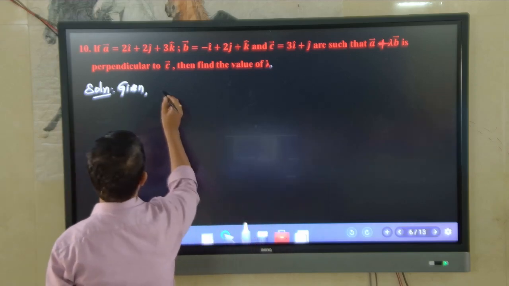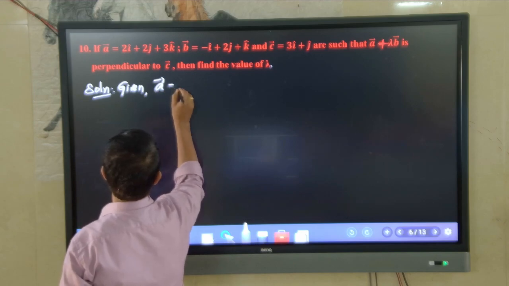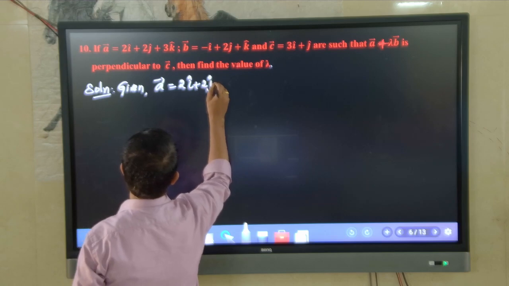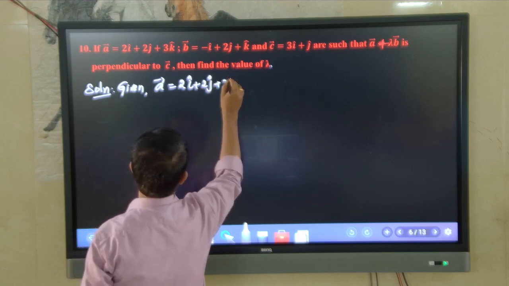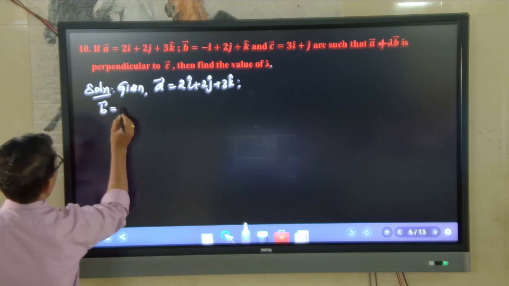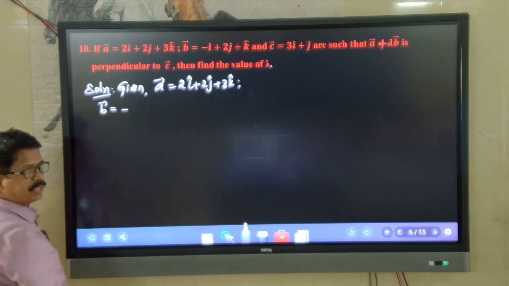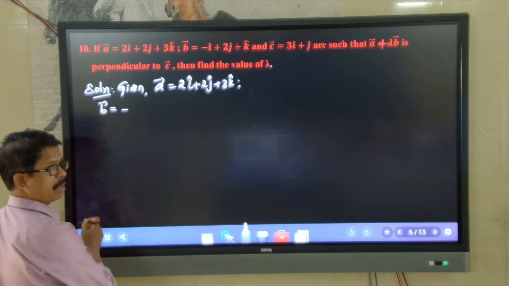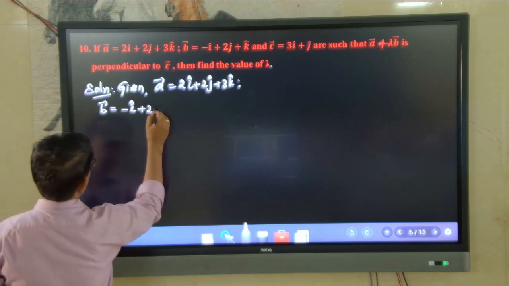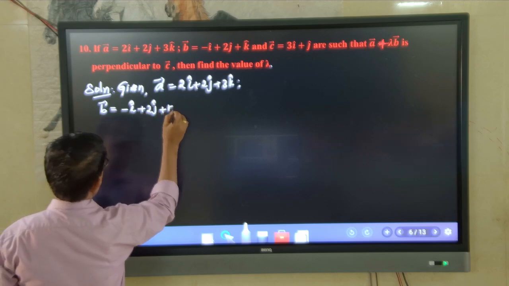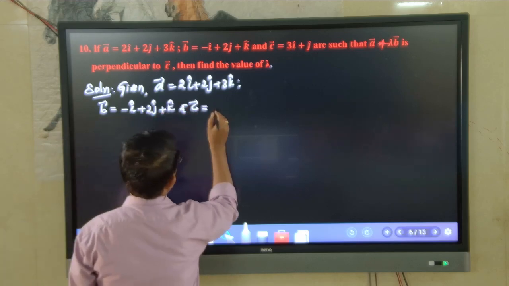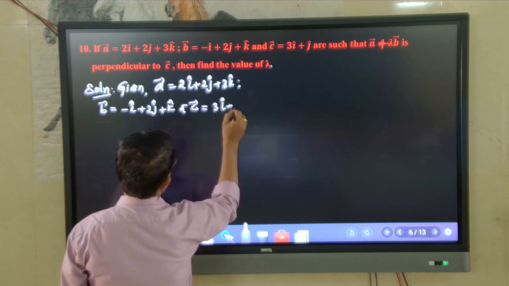What is a vector equal to? 2i plus 2j plus 3k. b vector equal to what? Check the numerical value, any mistake? i cap plus 2j cap plus k cap, and c vector equal to 3i plus j cap.